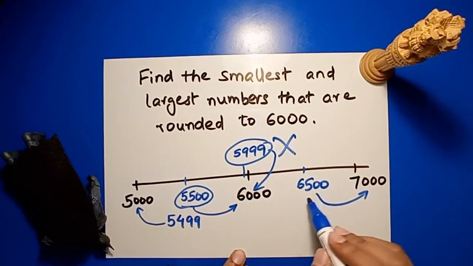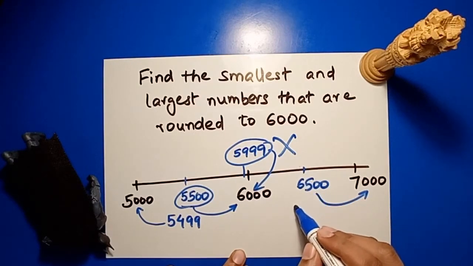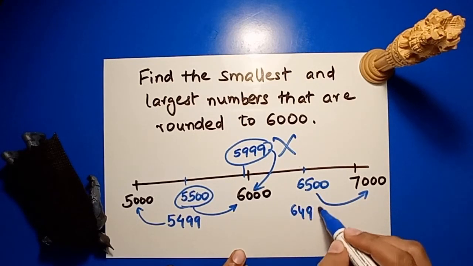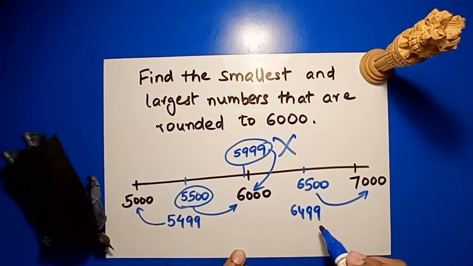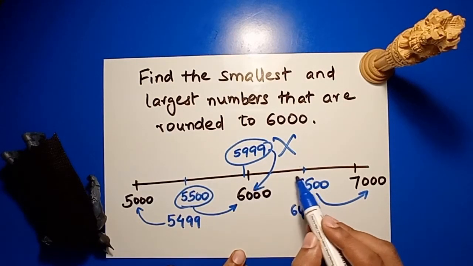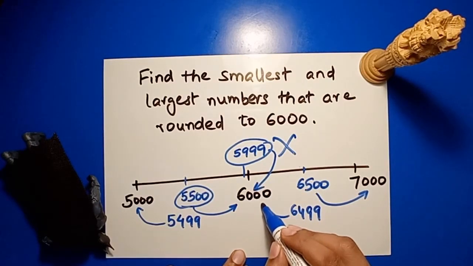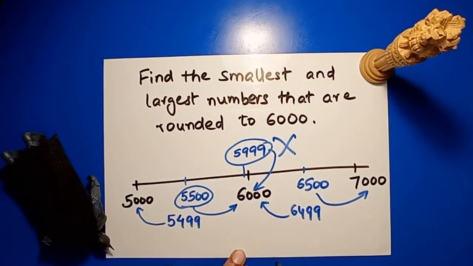What is 1 less than 6500? 1 less than 6500 is 6499, and this number falls in this part of the number line. And where will it go? It will go to 6000 when rounded.